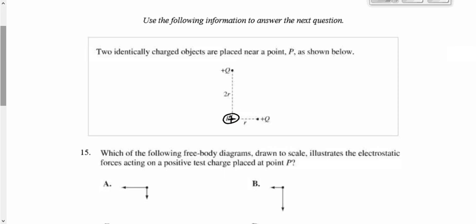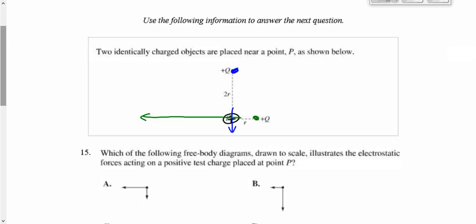There is a force acting downward caused by the blue because it repels, positive repels positive. There is a force acting to the left caused by the green one that is quite a bit bigger.